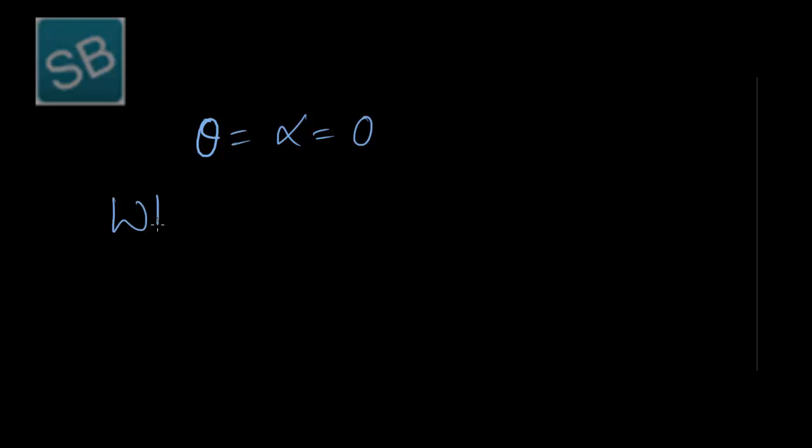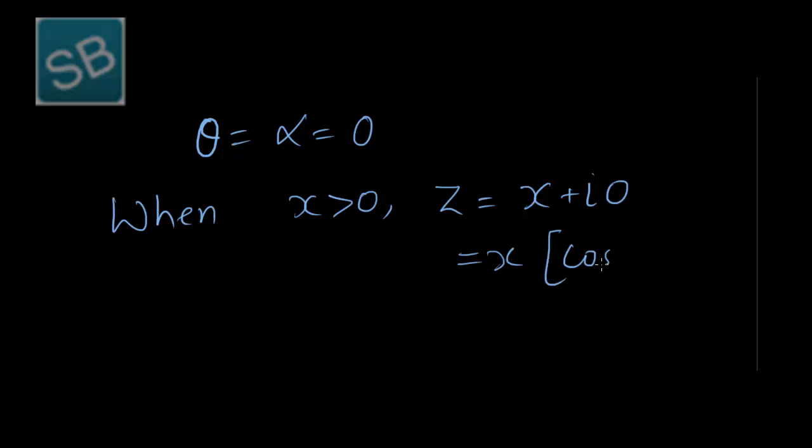Therefore, when x is greater than 0, then z is equal to x plus iota 0 becomes r, that is x, cos 0 plus iota sin 0. This is the polar form when x is greater than 0.